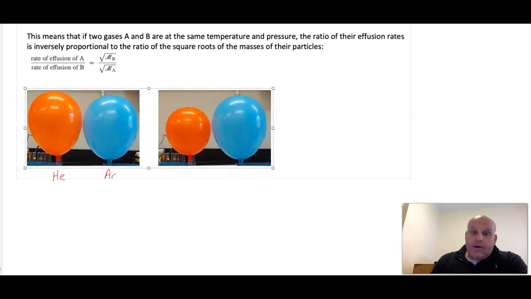Twelve hours later, a picture was taken of those same two balloons, and you can see that there's a significant difference now in the size of the balloons. The helium balloon is significantly smaller than the argon balloon. That is an indication of helium's faster rate of effusion than argon because the gas molecules are much smaller.